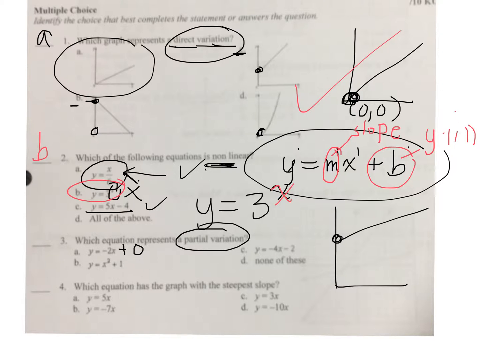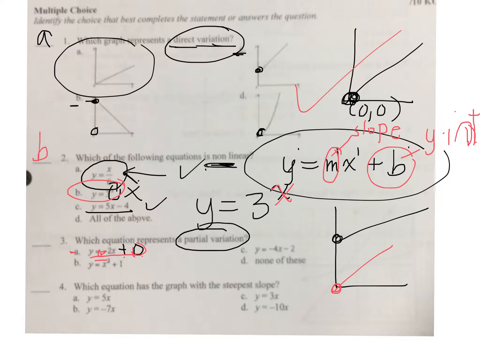So in this equation, we have y equals negative 2x plus nothing. What's the slope of that line? Negative 2 is the slope. And what's the y-intercept? 0. So if the y-intercept is 0, that means that A would start at the origin.